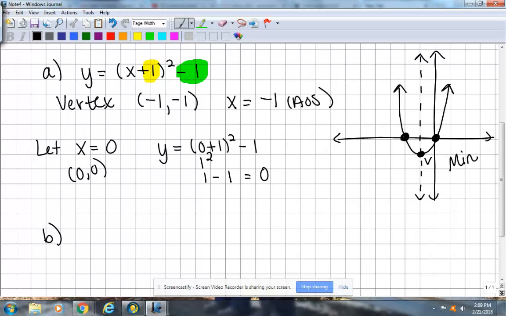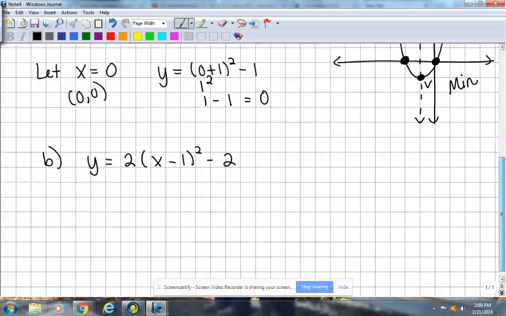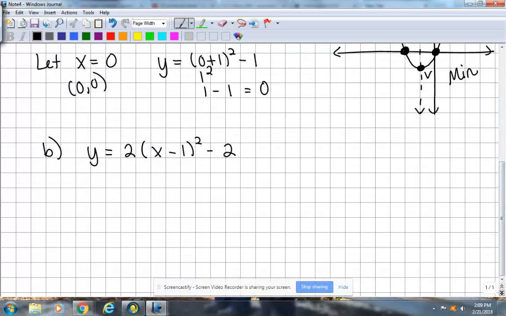You're just stretching? Okay. Let's do this one. Y equals 2 parentheses x minus 1 squared minus 2. This one just looks slightly different because they gave us an A term. Remember, a number bigger than 1 makes the parabola more skinny, stretches it out.